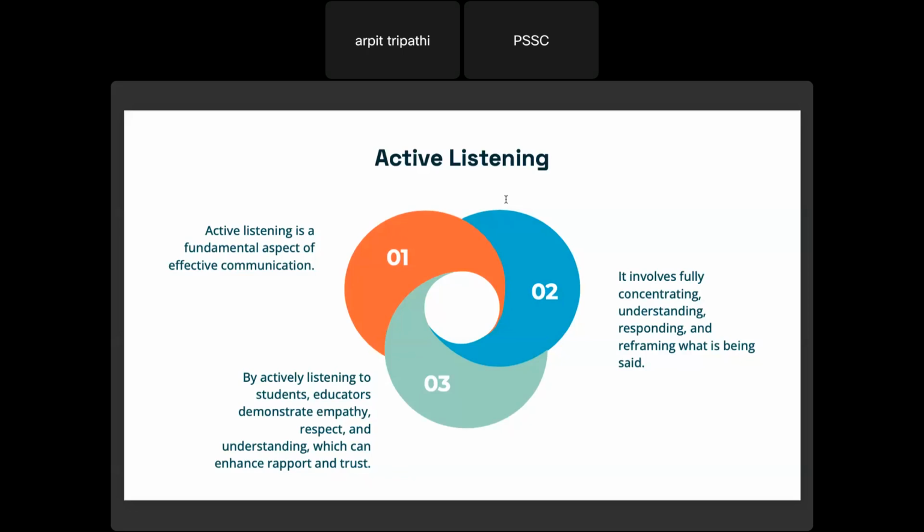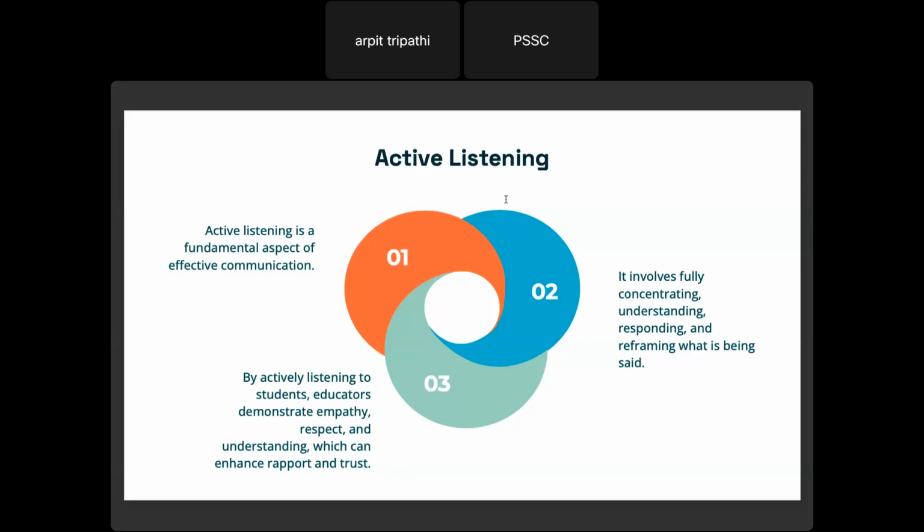What are the other consequences of clear and concise language? Clear and concise language reduces misunderstandings. When you are clear and concise in your language, it minimizes the risk of misunderstanding and confusion among students.